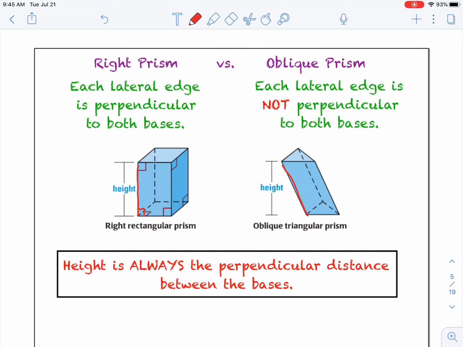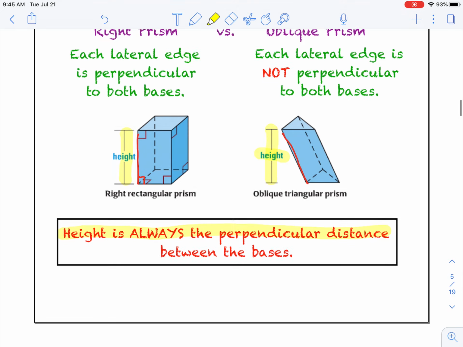And so we have right and we have oblique prisms. What you need to keep in mind is the height is always the perpendicular distance between the bases. So your height sometimes is drawn outside if it is not a right prism. So just something to be aware of.